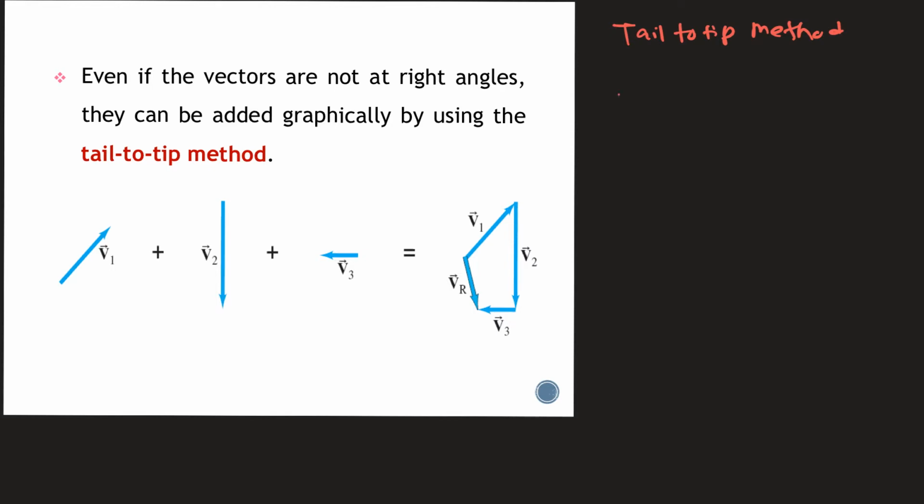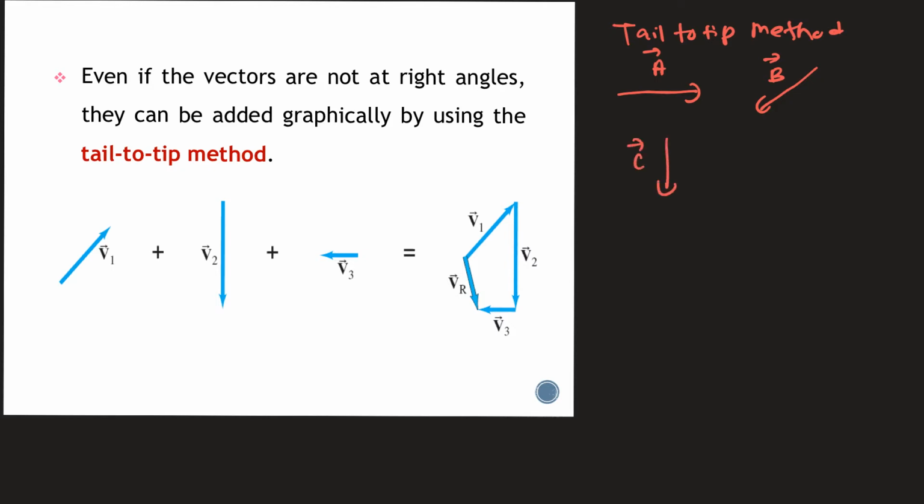So for example, if I give you A here, and then you have B here, the arrow above the A and B is not the direction of the vector. It just represents that A and B are vector quantities. And then you have C here.